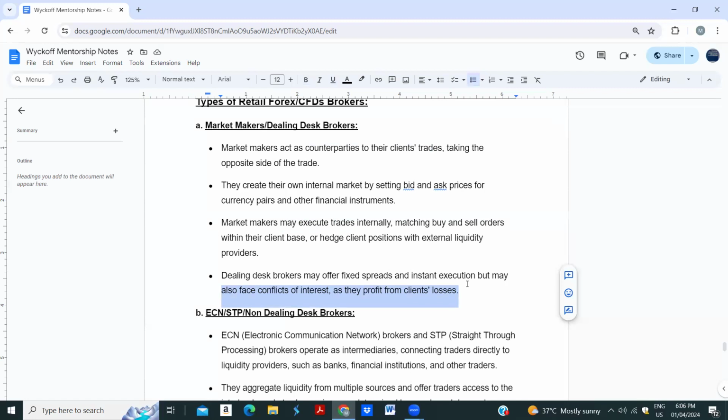The one advantage of the dealing desk broker or the market maker is that they offer fixed spreads and instant execution. But the disadvantage is that they have a conflict of interest with the trader as they only profit from clients' losses, and they always take the opposite side of the trade placed by the traders.